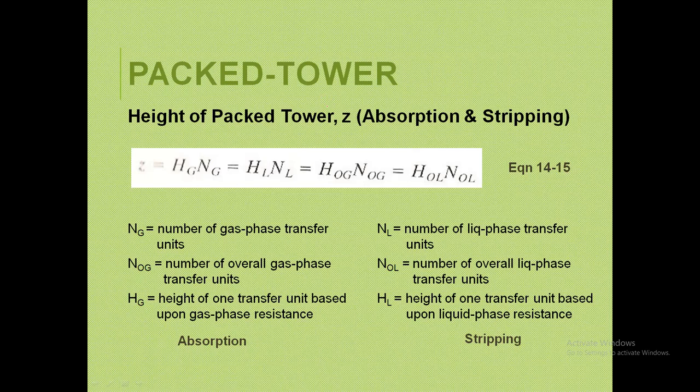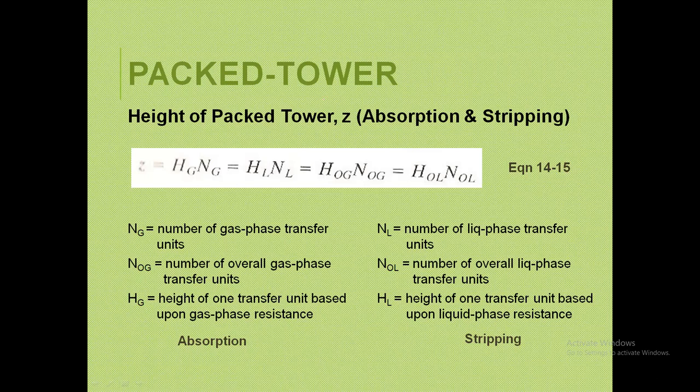Or if it's H sub OG, it's the height of one transfer unit based on the overall gas phase resistance. If it's OL, it's the overall liquid phase resistance that we are considering. We use the HOG-NOG for gas absorption. We use HOL-NOL for stripping.